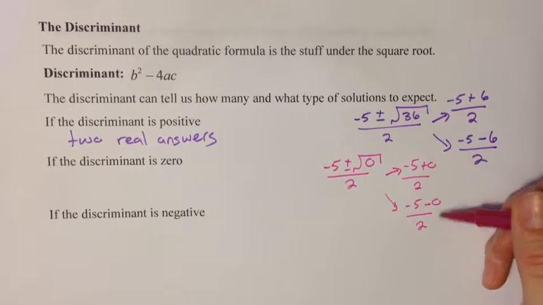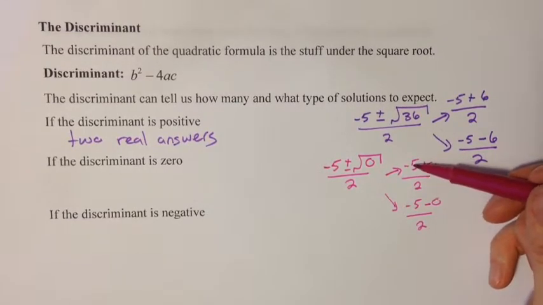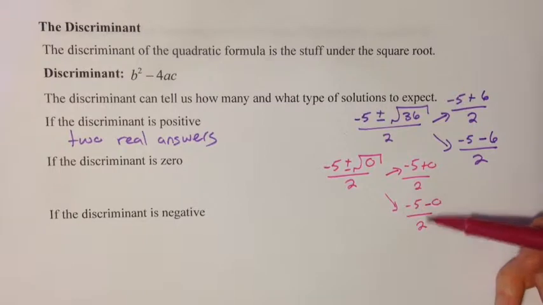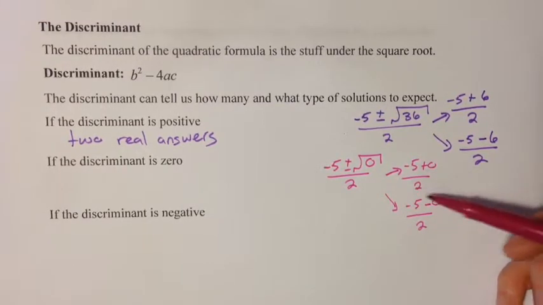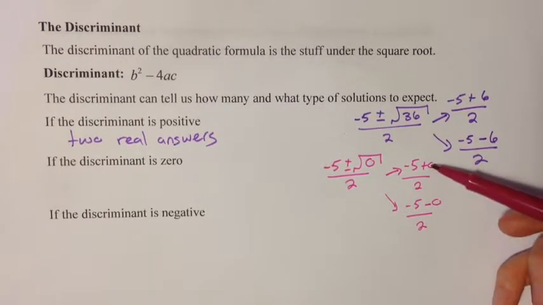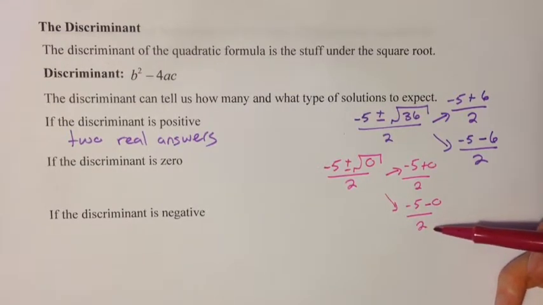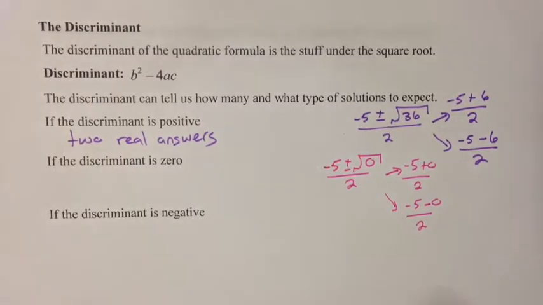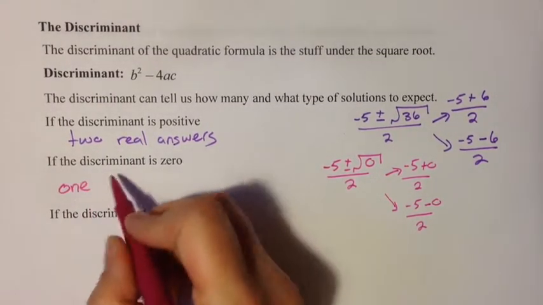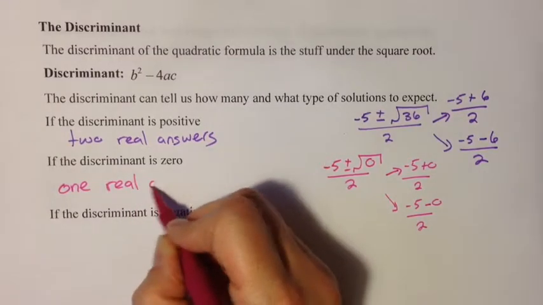These two numbers are really the same. This is going to be -5 halves, and this is also going to be -5 halves. So even though I split it up into a plus or a minus, adding 0 and subtracting 0 are really the same thing. Doesn't make any difference to my final answer. So if the discriminant is 0, I really only get one answer, but it's a real number, so one real answer.